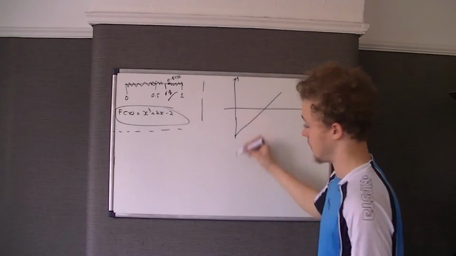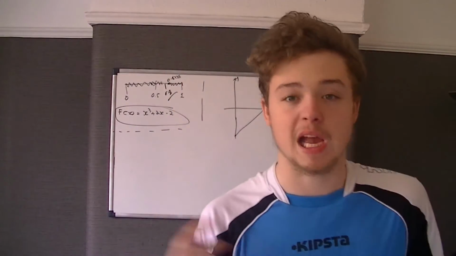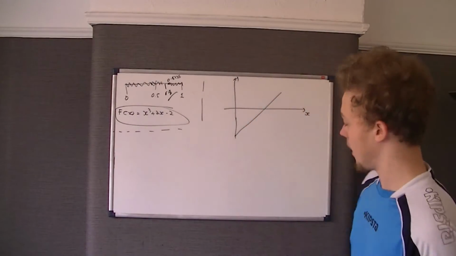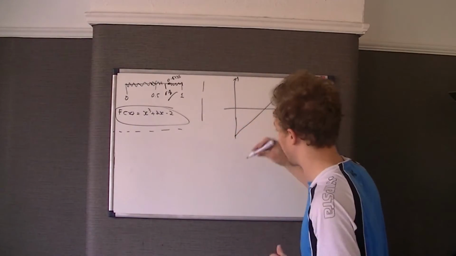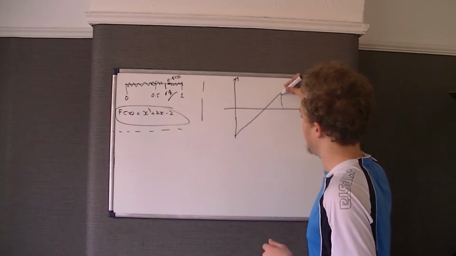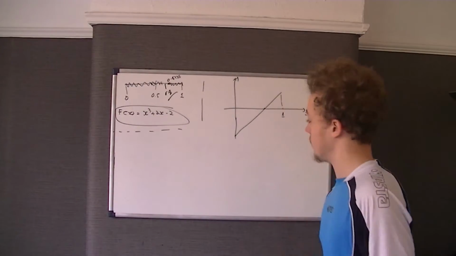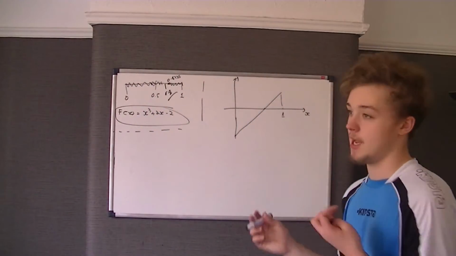You draw what f of 0 is, and obviously the x value is 0. You work out what y is, because when you find out what f of 0 is, what you're doing is asking what y is when x is 0. You get a value for that, whatever it might be, and then you do f of 1. So when x is 1, what's y? Then you draw, assuming that the graph goes straight, a constant gradient, which obviously it isn't, but as I said, this is an approximation.